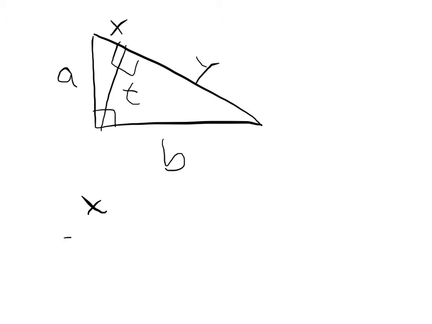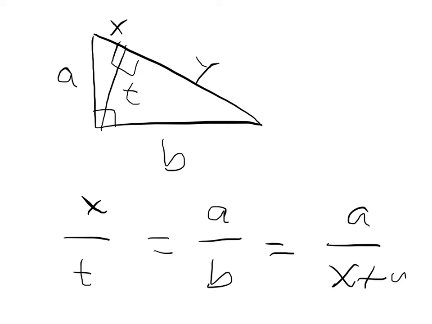If that's true, then x over t, that's, for example, the small leg to the large leg, equals a over b, which then will equal also, for example, hypotenuse to hypotenuse, which would be a over x plus y.